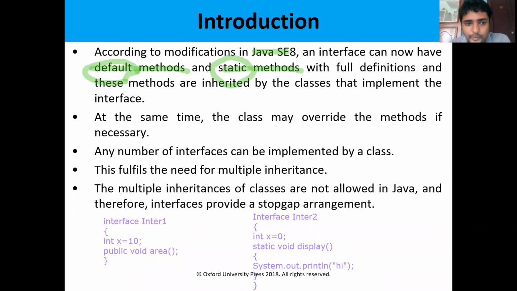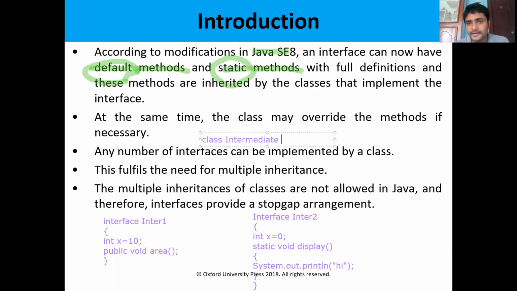Overriding is possible. Any number of interfaces can be implemented by a class. I have defined interface 1 and interface 2 here. In order to implement these interfaces, we need a class. Suppose I define class intermediate.